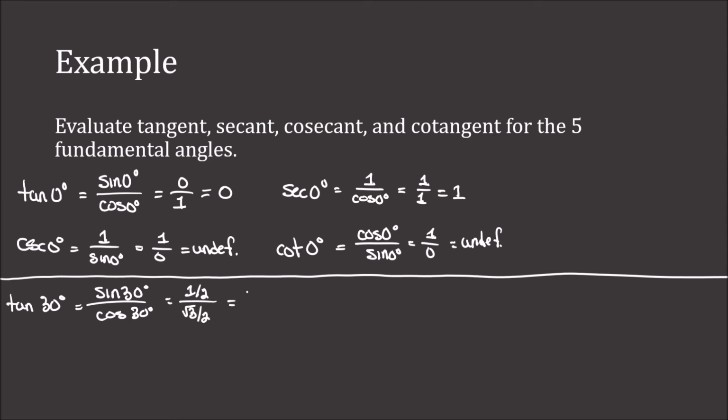So this is 1 over the square root of 3, or square root of 3 over 3. Secant of 30 degrees was 1 over the cosine of 30. So this is 1 over the square root of 3 over 2, which is 2 over root 3, or 2 root 3 over 3.